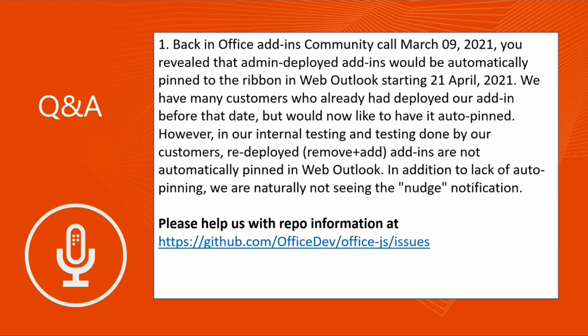In addition to the lack of auto-pinning, we're also not seeing the nudge notification. I checked with the Outlook team, and they said it looks like there might be a bug there. So if you could create an issue at the link there on OfficeDev Office-JS issues and give us some information on how to repro it, if we can repro it on our end, we can dig into that more. So just go out there and let us know.